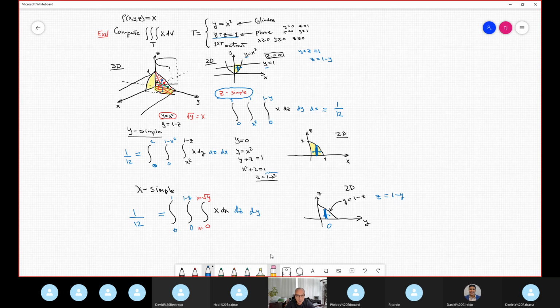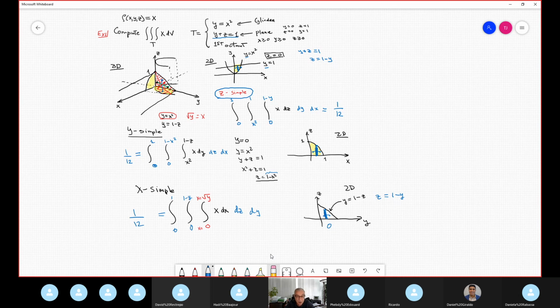You determine the limits. The limits are easy because it's bounded by 2 surfaces: the surface you consider on top and the surface you consider on the bottom, or the surface on the left and the surface on the right, in the x direction or the y direction.